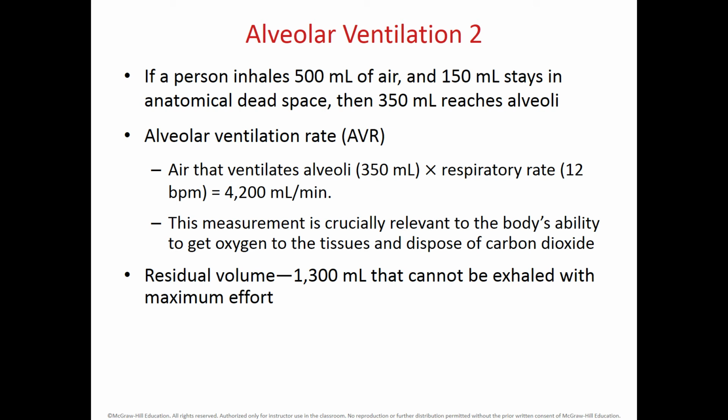So if the person is breathing 12 times per minute, you multiply 350 times 12 and it gives you 4.2 liters per minute, or 4,200 milliliters of air available for gas exchange.